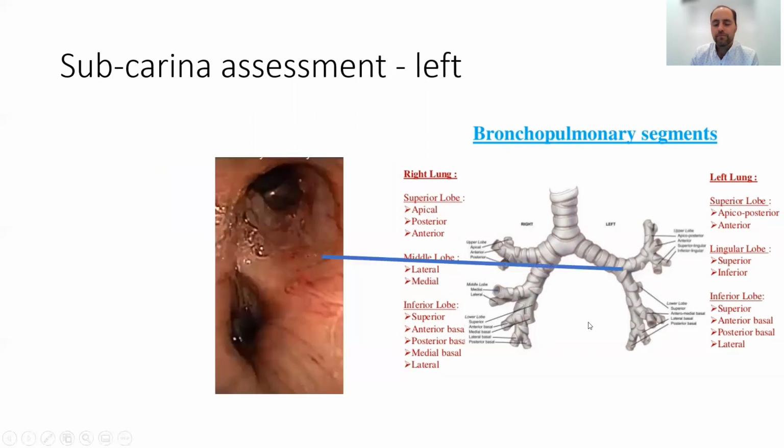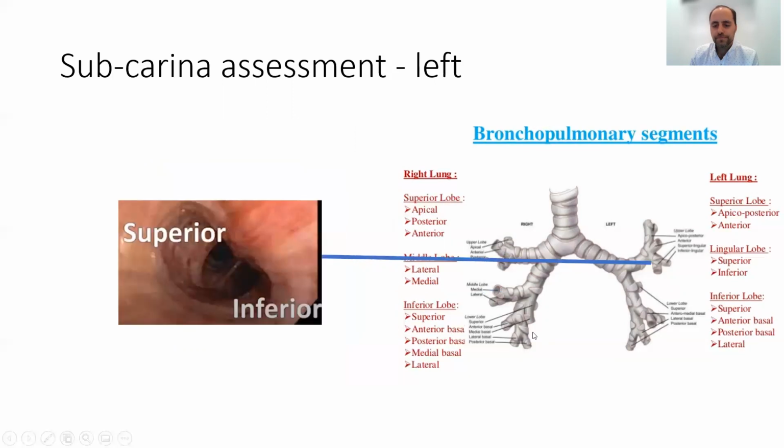When you go back to the carina and assess the left side, after you've passed through the left mainstem bronchus and you get to the branch point of the left upper and lower lobes, you have here what looks like the left upper lobe, and the lingula is more distal down into this airway, and the left lower lobe. As you pass further into the left upper lobe, you see that the superior lobe and lingula branch off, and the lingula itself has a superior and inferior segment.